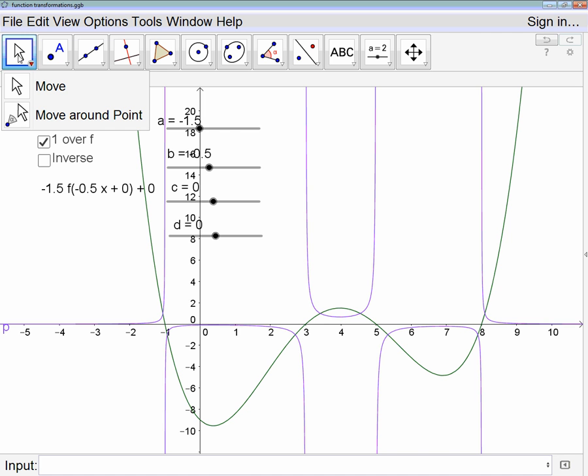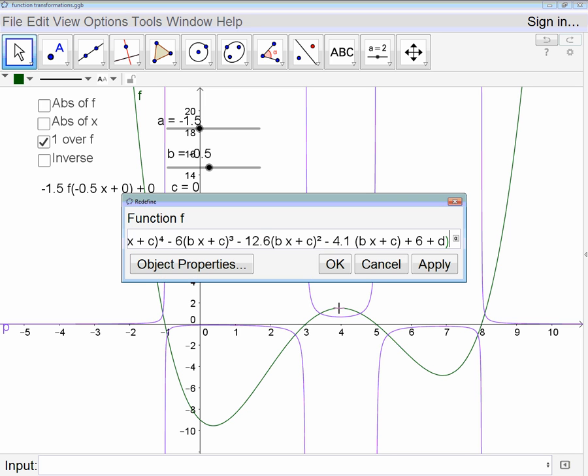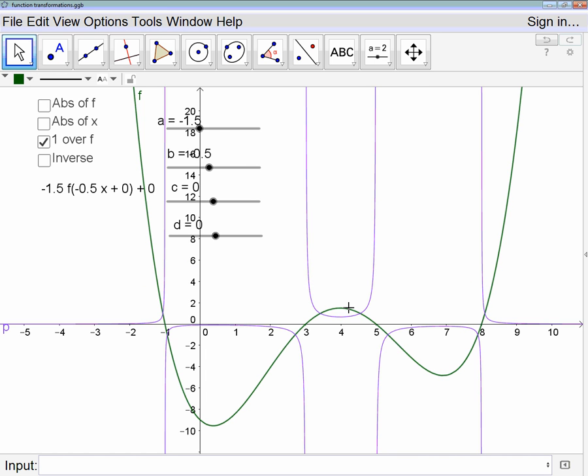Let's think about this slope. Slope of that function. Neighborhood. Hill. Okay.